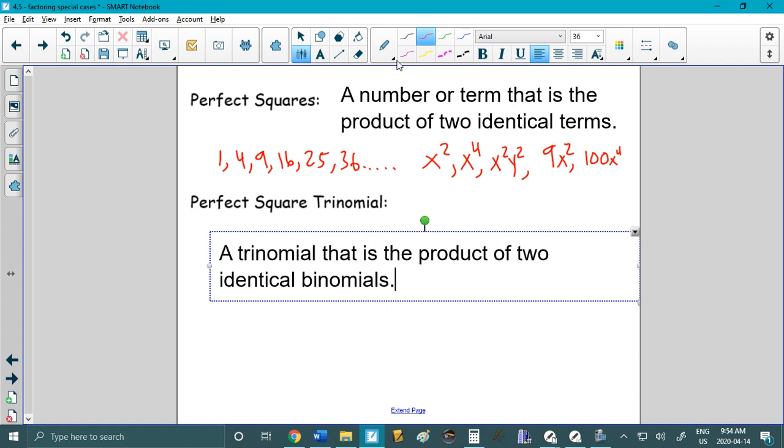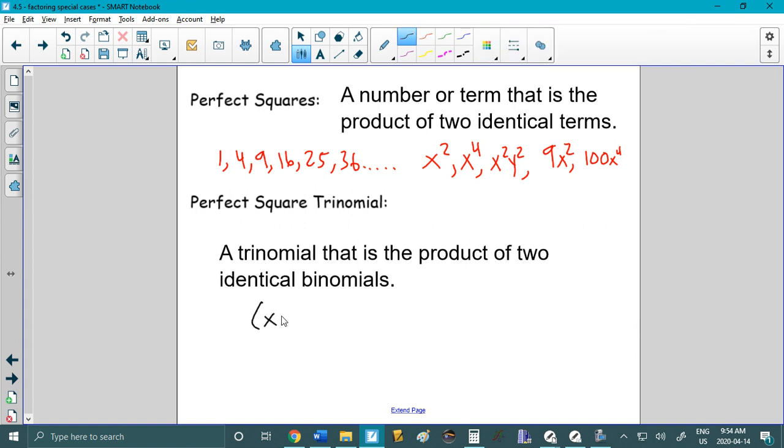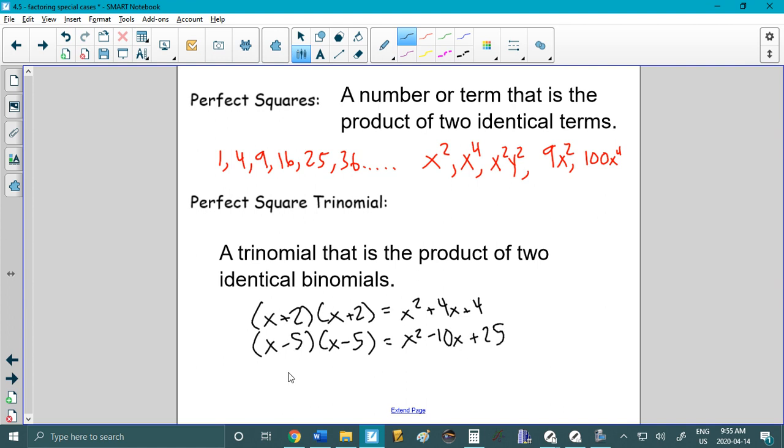So, for example, x plus 2 and x plus 2, if we FOILed that out, we'd get x squared plus 4x plus 4. x minus 5 and x minus 5 is going to be x squared minus 10x plus 25. And let's do 2x minus 3 times 2x minus 3. That's going to be 4x squared. The last term is 9.